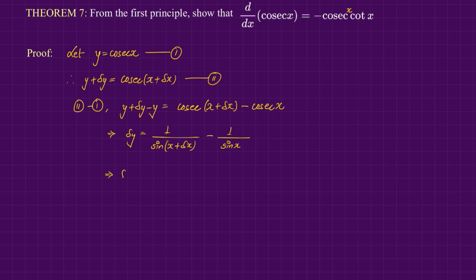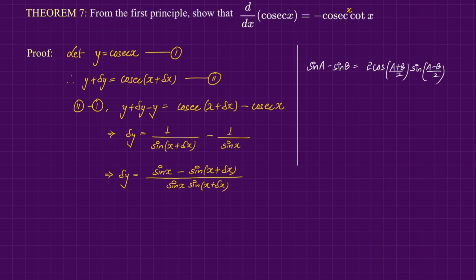This implies delta y equals to, on simplification by taking LCM, we will have sine x into sine of x plus delta x, and in numerator we will have sine x minus sine of x plus delta x.